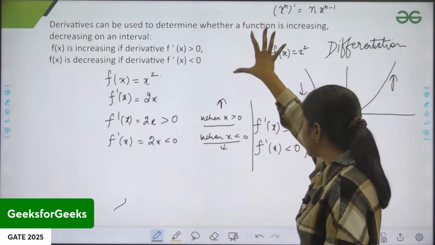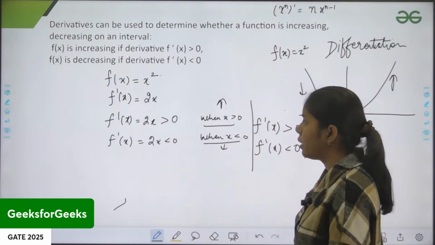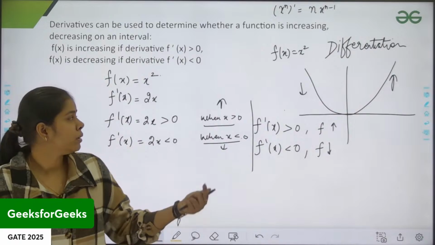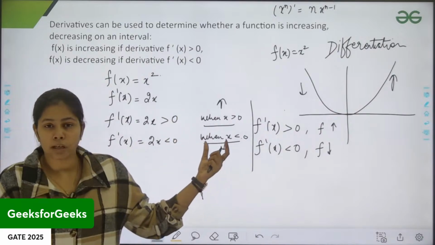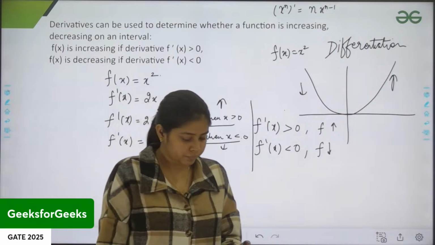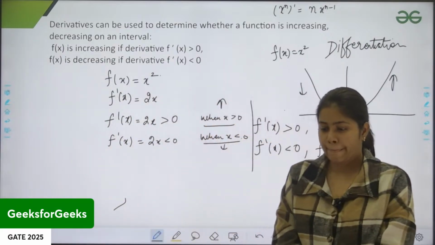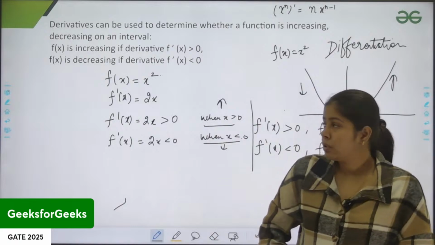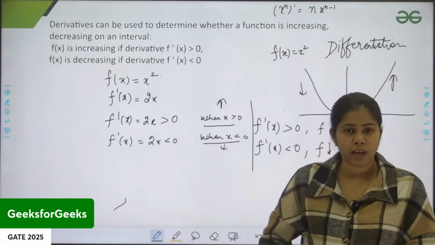So let me know, guys, if there is any problem here with anybody. If you do not know how to check increasing and decreasing without looking at the graph, just let me know. Let's just take 1 minute and analyze what we have studied.